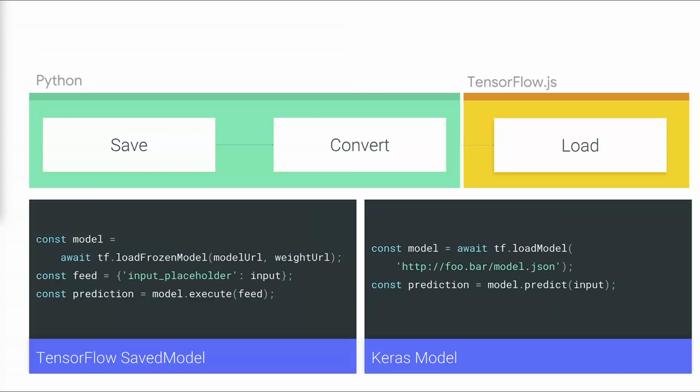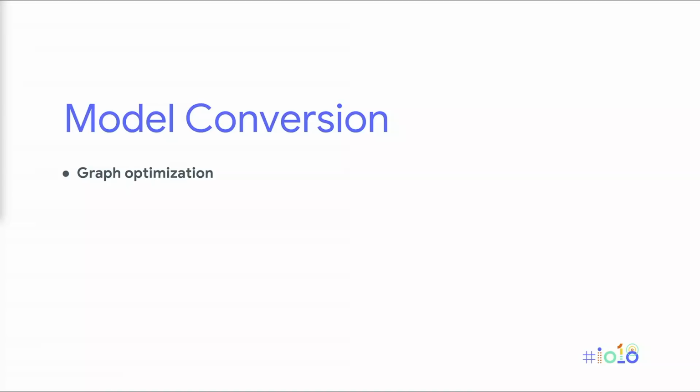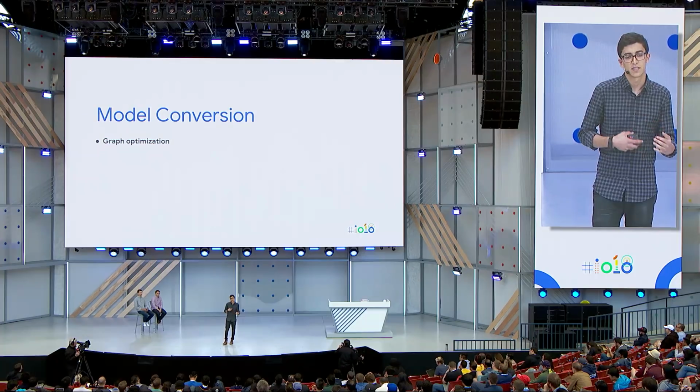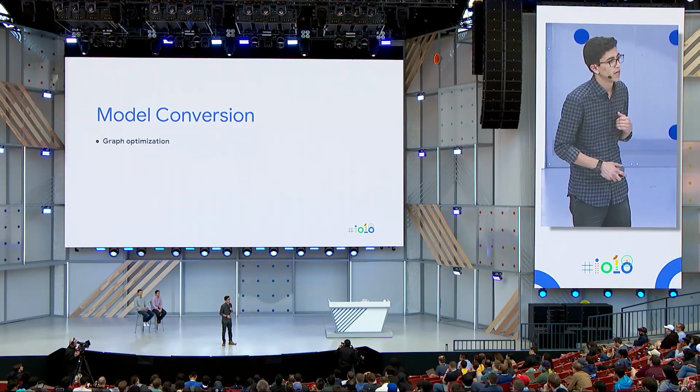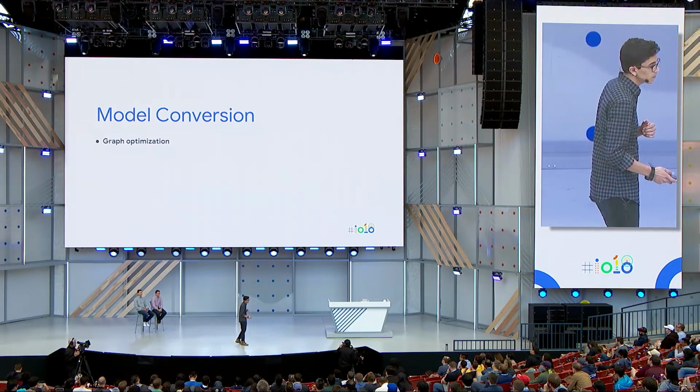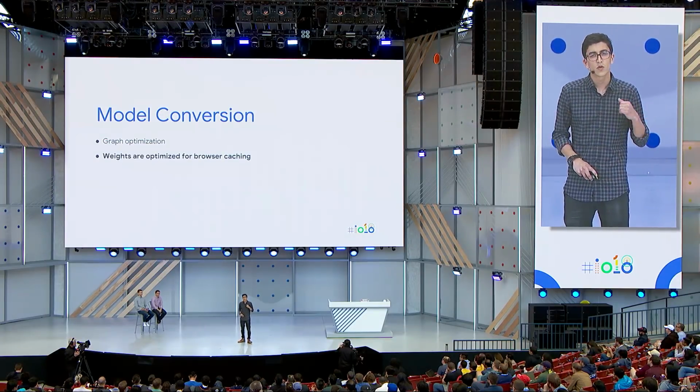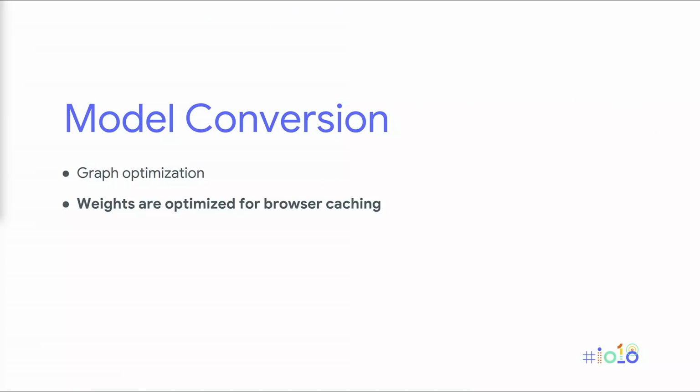OK, so under the covers, there's actually a lot going on. When we convert these files to a format that we can ingest in the web, we actually are pruning nodes off of that graph that aren't needed to make that prediction. This makes the network transfer much smaller and our predictions much faster. We're also taking those weights and sharding and packing them into 4 megabyte chunks.